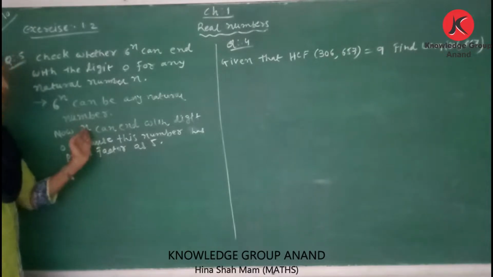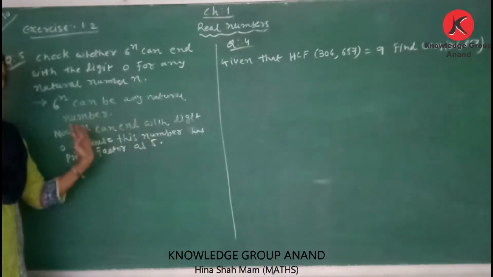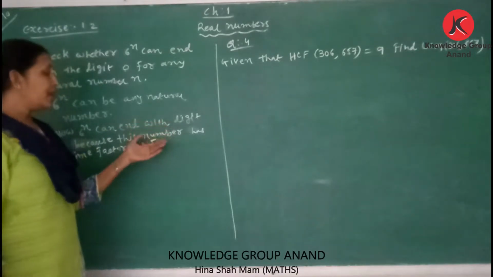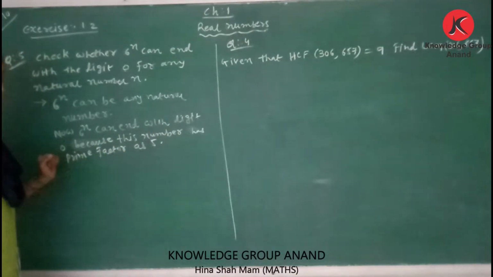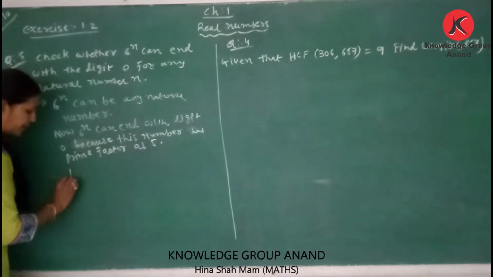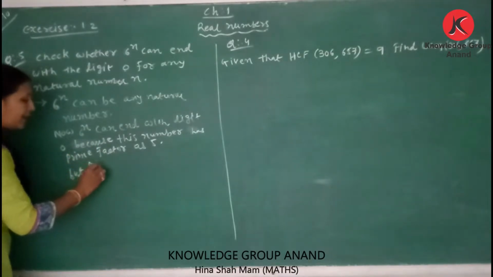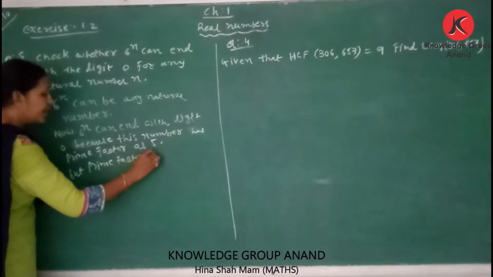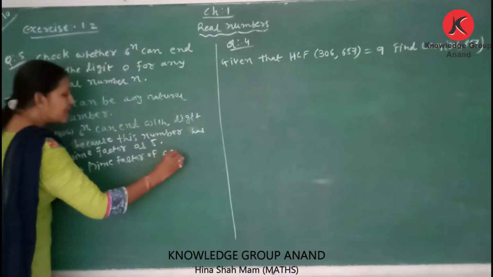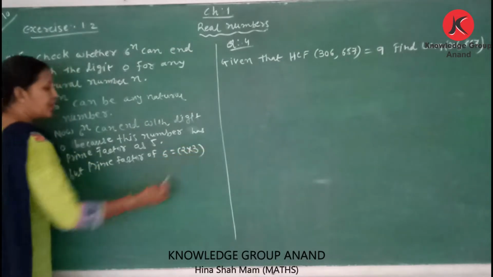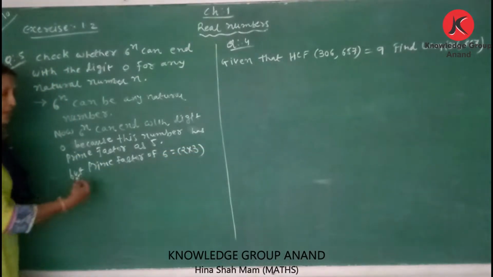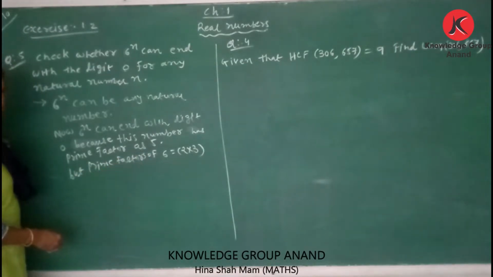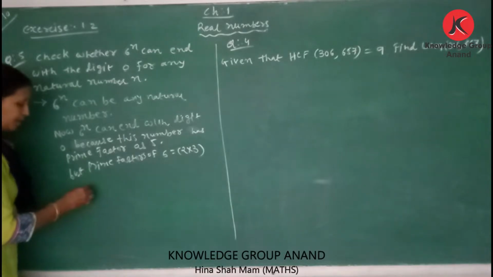Suppose its prime factor has 5, then it raised to n can end with 0. But the prime factors of 6 are 2 into 3.